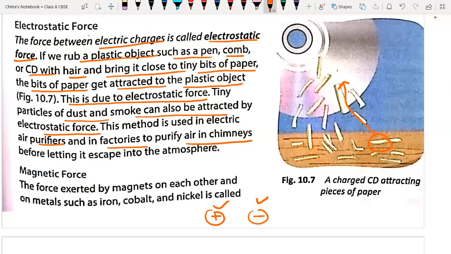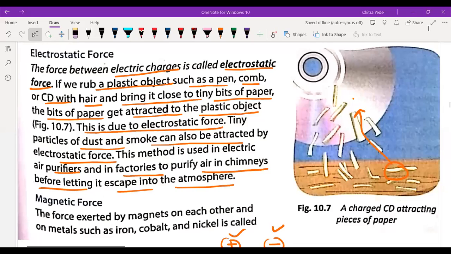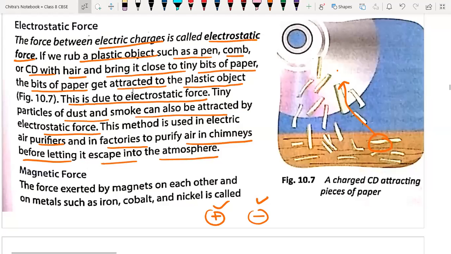Before letting the smoke escape into the atmosphere, the electrostatic force attracts most of the solid particles from the smoke, and it clears the air. So electrostatic force is used to remove small sand or dust particles from the smoke coming from the chimneys.